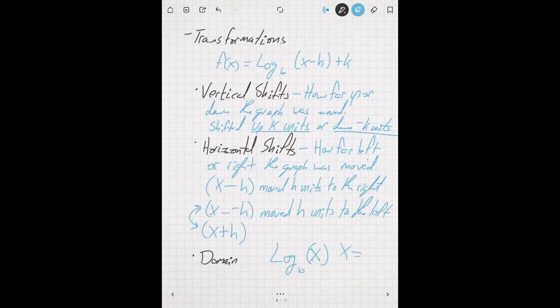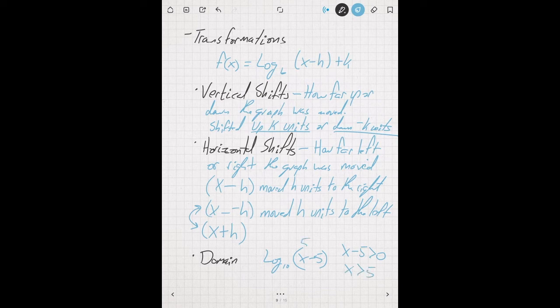The argument had to be greater than 0. Well, in the example we just saw, we had the log, base 10, of x minus 5. In this case, again, we want the argument to be greater than 0. That means x has to be greater than 5.